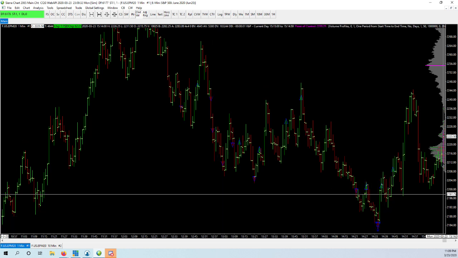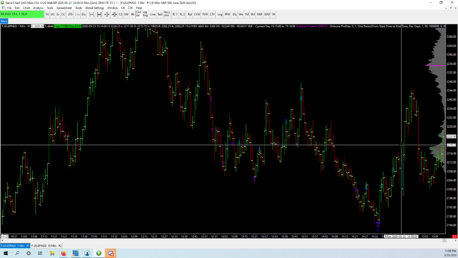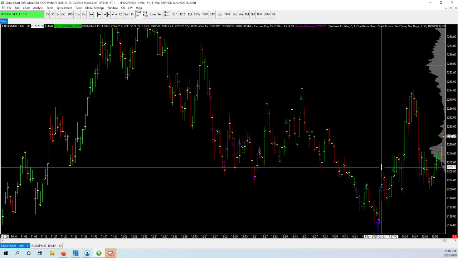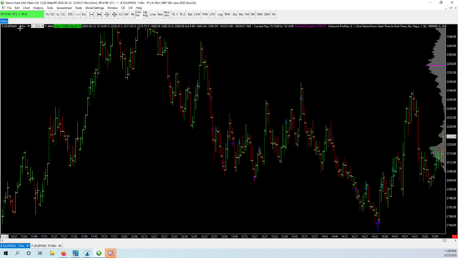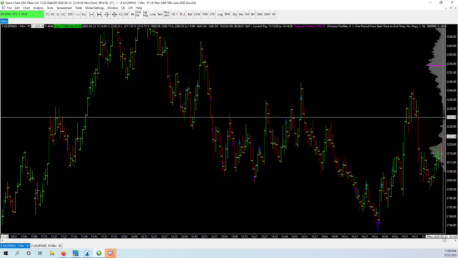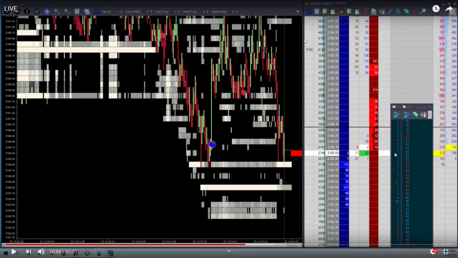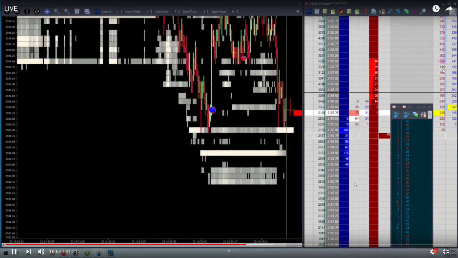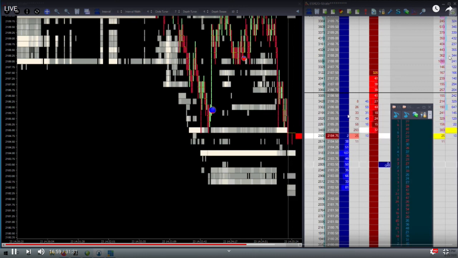I mean, look at the bigger picture of it. There's a lot of absorption going on in here. So that's what's going on. Even though it's several points up, there's just a lot of these transactions, and you can see on the footprint, it's got these large nodes.